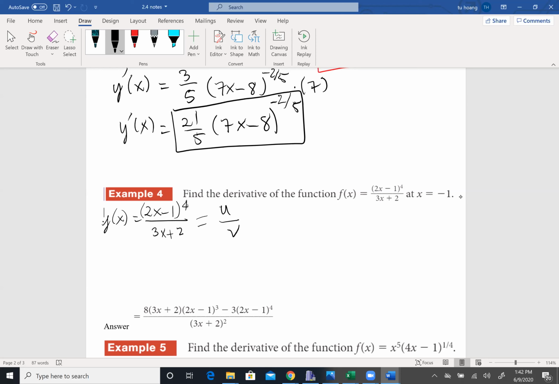So I would say the derivative of f of x will be equal to (v times u prime minus u times v prime) over v squared. Okay, so you need to have a side work. Let me make it down a little bit.